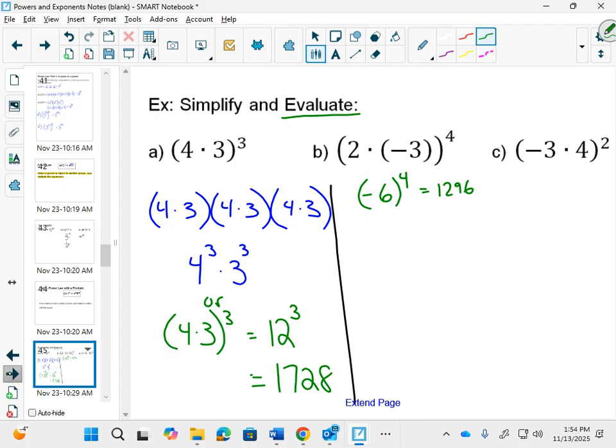You'll need brackets, and you have to use the negative sign. So go bracket, bracket, this is your negative, power of 4. Yes, I got that one right. Good.